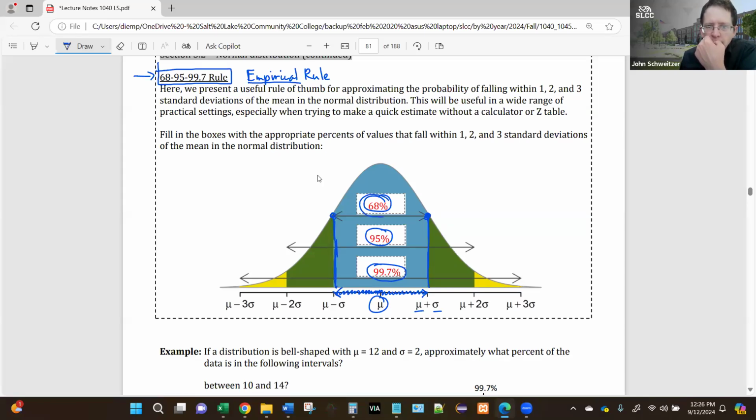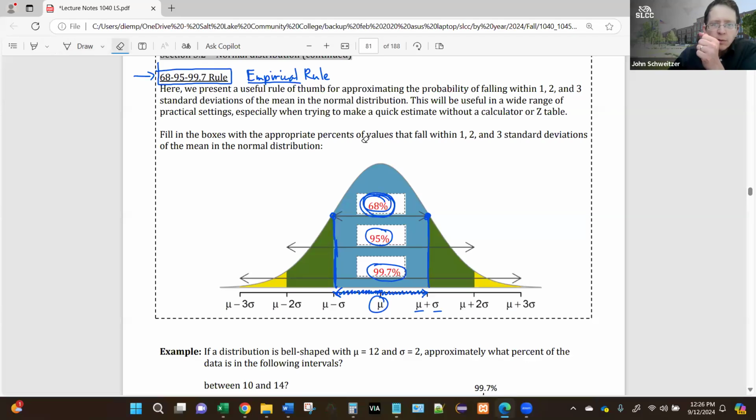And what we notice is that with all normal distributions, about 68% of the population falls in that segment. So 68% is the strong majority of the middle of the distribution. 68% of the data will typically fall between one standard deviation to the left and the right of mu. So it's a segment based on sigma.